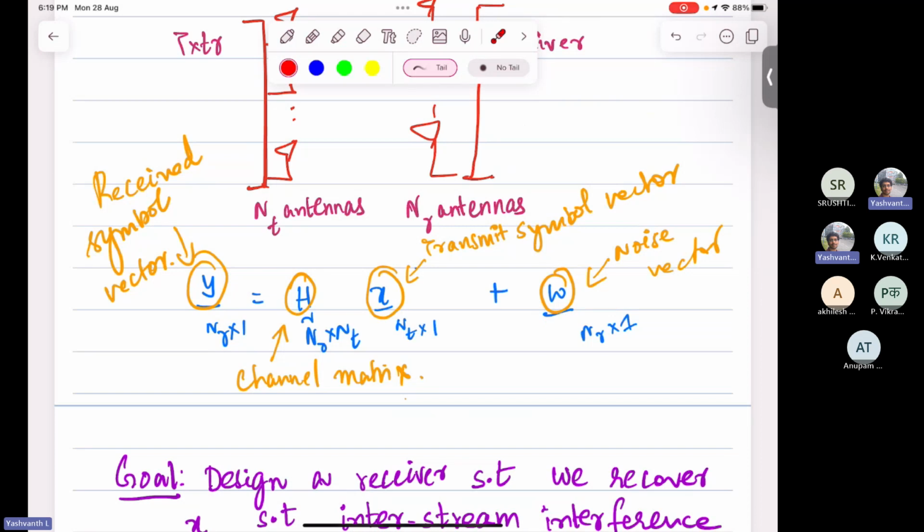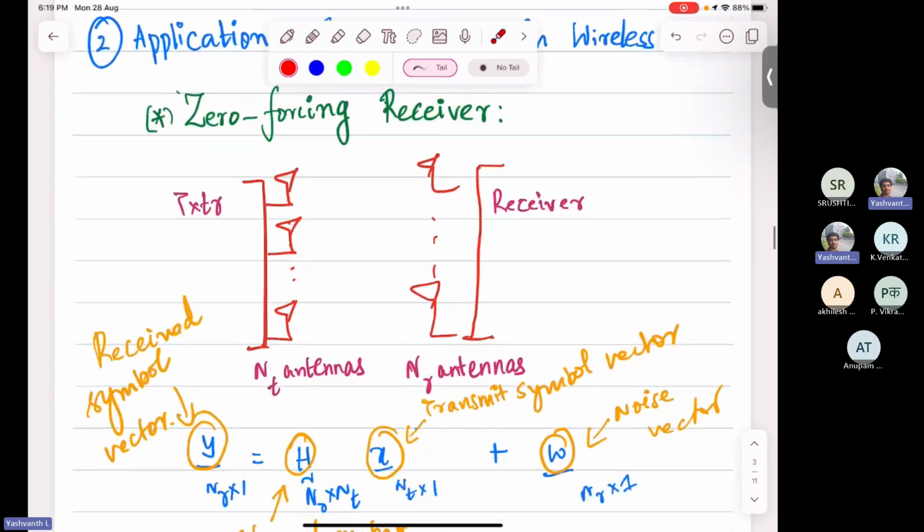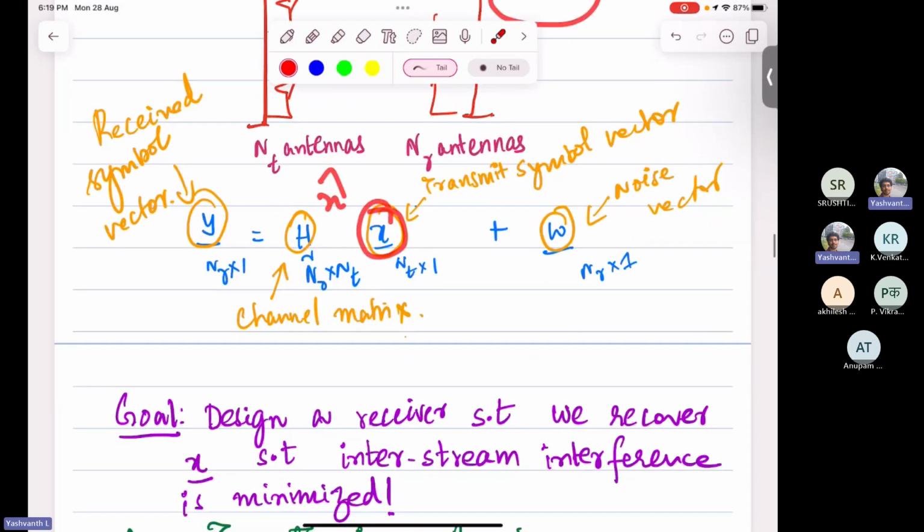But what I have in my control is the matrix H. Through some means, the mobile phone can first find what H is, and then maybe do something like H inverse on both sides, so that you can nullify the effect of H. Then whatever output you get at the end of the receiver processing will be the estimate X hat, the estimate of X.